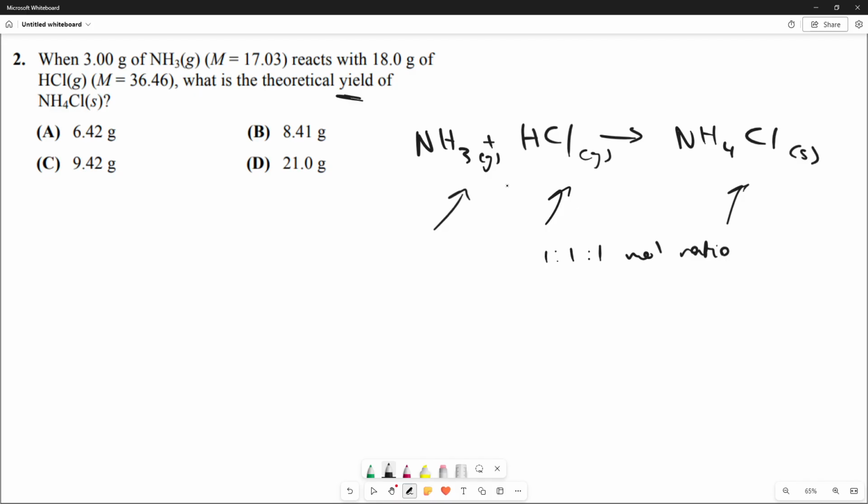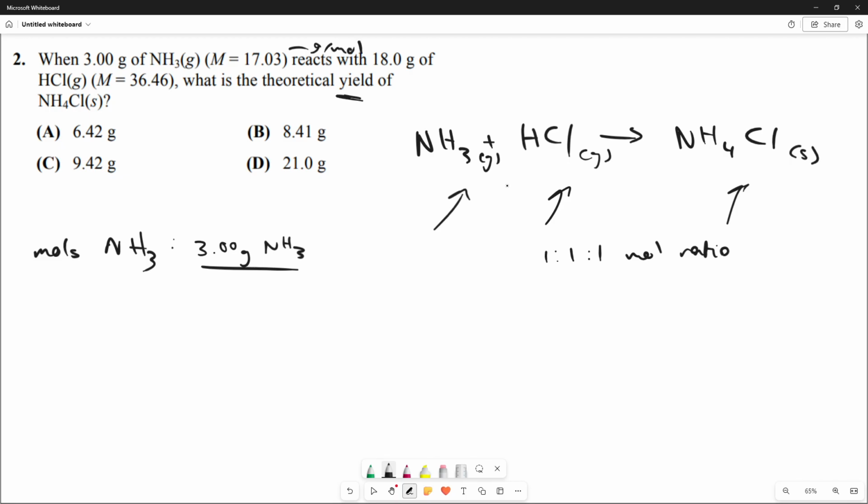But at the same time, we're looking at the theoretical yield, so there's going to be a limiting reactant based on the amount of grams we have. So we have to find the limiting reactant. To do that, we're just going to look at the moles of NH3, and subsequently the moles of HCl. So we have 3 grams of NH3, and we're going to divide that by 17.03 grams per mole.